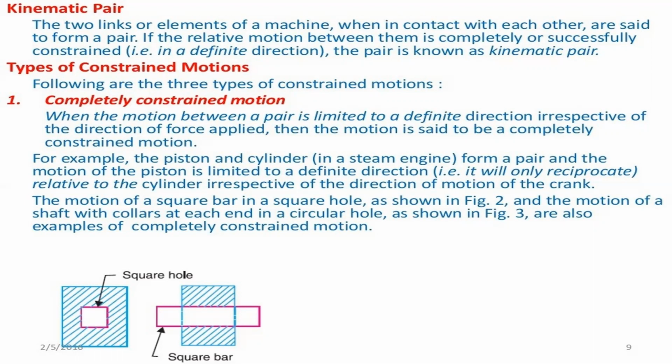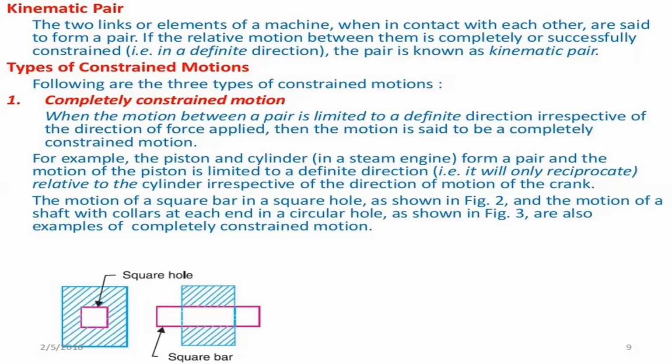So if you take two links or two elements of a machine which are in contact with each other, and this pair is to form a pair which is completely constrained or successfully constrained. This completely or successfully constrained motion is recognised by its definite direction, that is, motion in a definite direction.